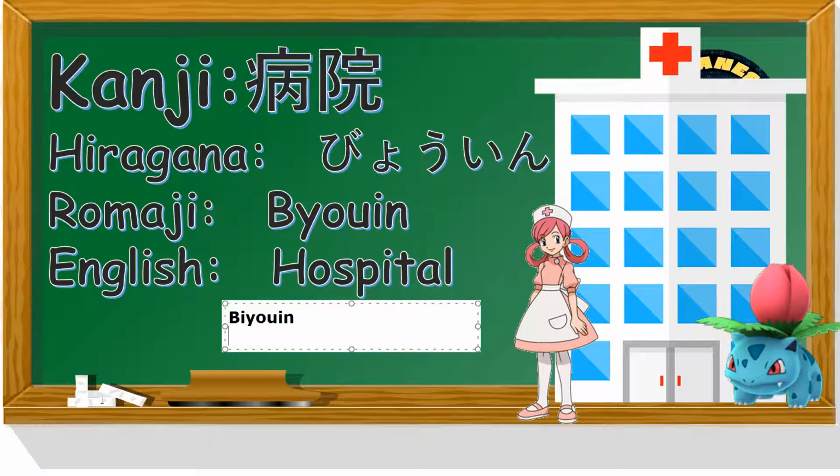Biyoin means parlor, or beauty salon. That is a different kanji. So maybe if your stomach is aching and you say you want to go to the biyoin, then you will shock them, because you said biyoin instead of byoin.